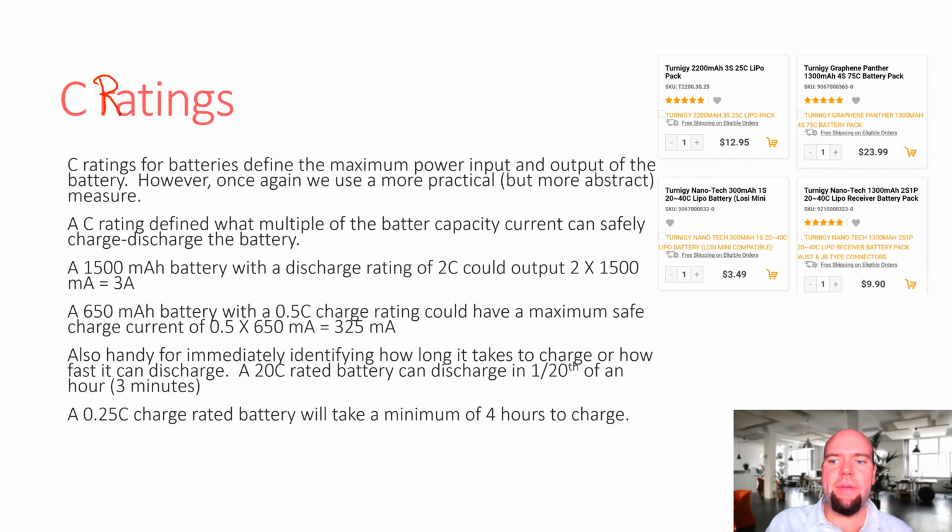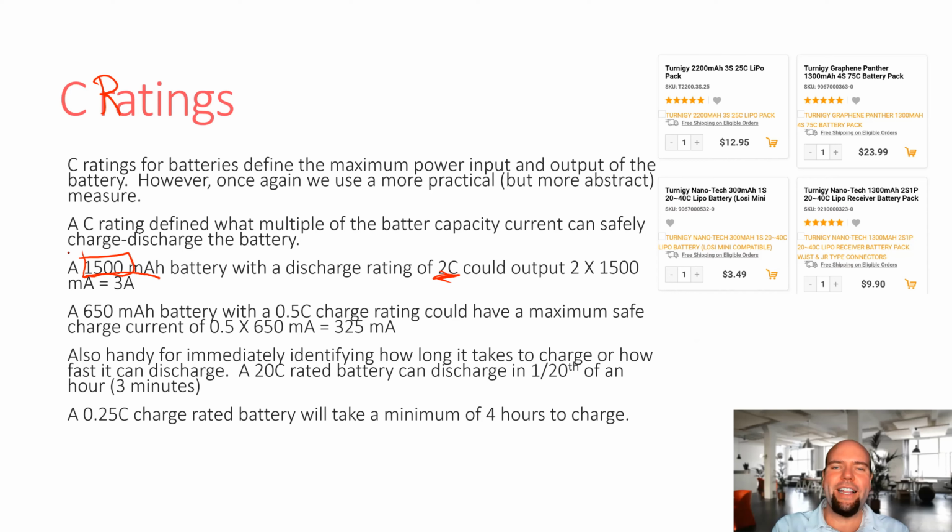And none of that I just said made any sense until we do an example. If we have a 1500 milliamp hour battery and it has a discharge rate of 2C, that means it can discharge at 2 times the capacity rating of the battery, which is already weird.